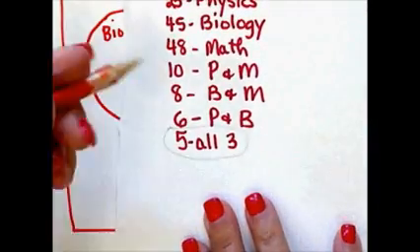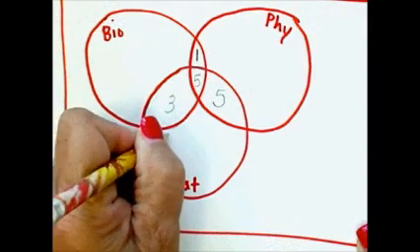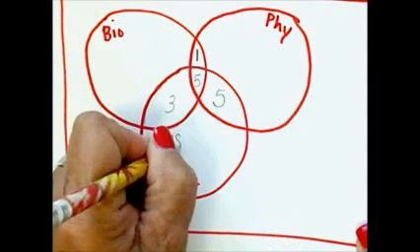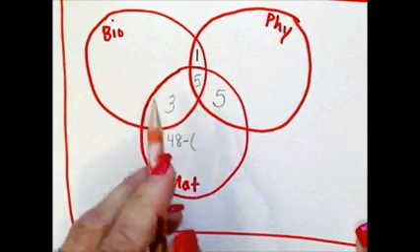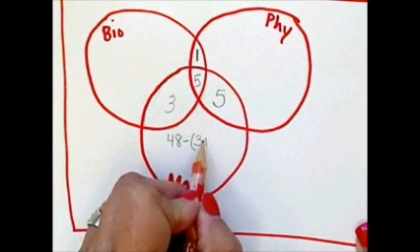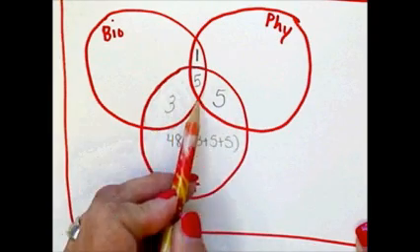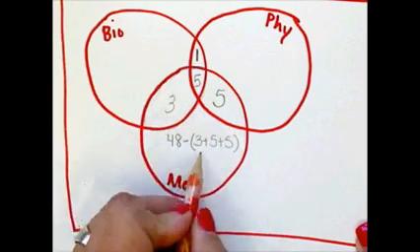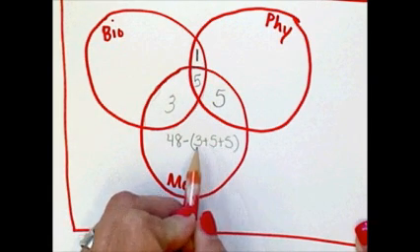Now, I need to identify the number of students who are in math. So we have a total of 78 students in math. So I'm going to write this number down here, but we're not finished, because I've already used some of those students. I used 3, 5, and 5 in these slices up here. So when I add these together, I get 5 and 5 is 10 and 3 is 13.